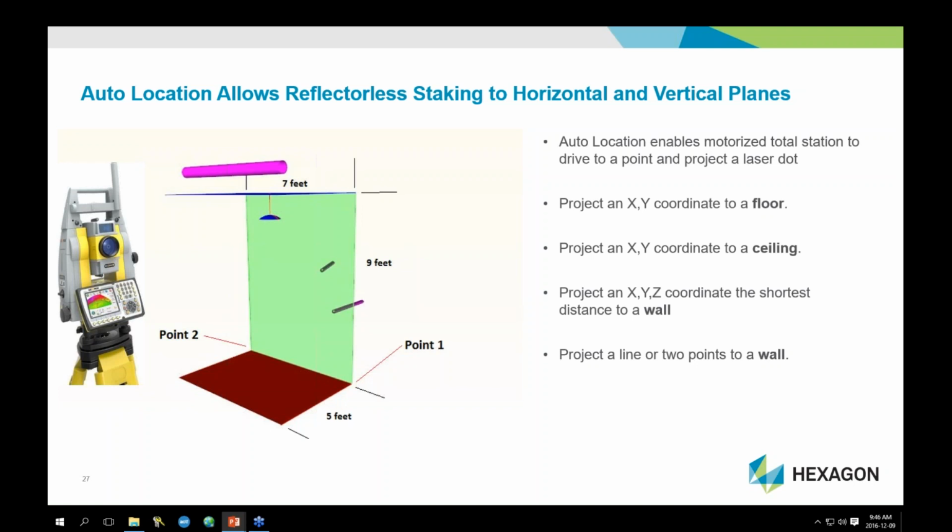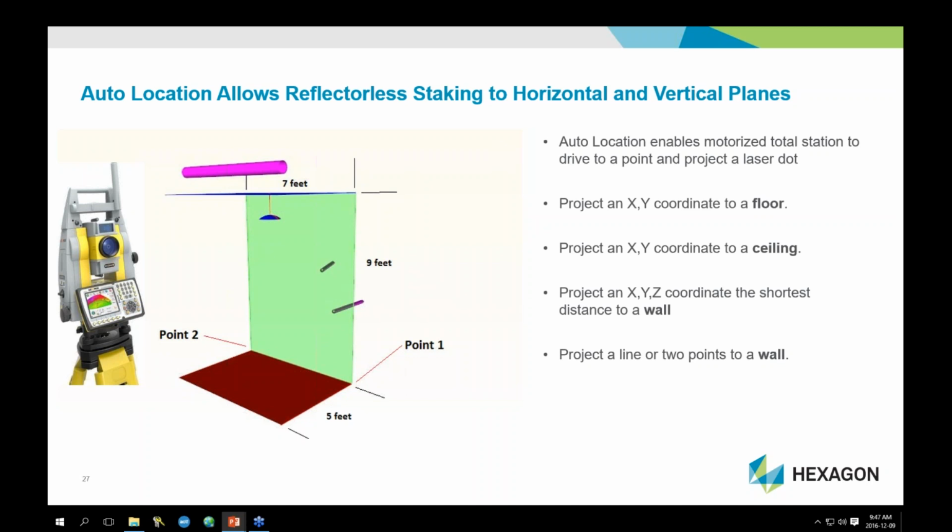Auto location uses reflectorless EDM mode and the laser pointer as tools. Usually it uses a reiterative process to measure a horizontal or a vertical plane, and then it uses the laser to project a location.